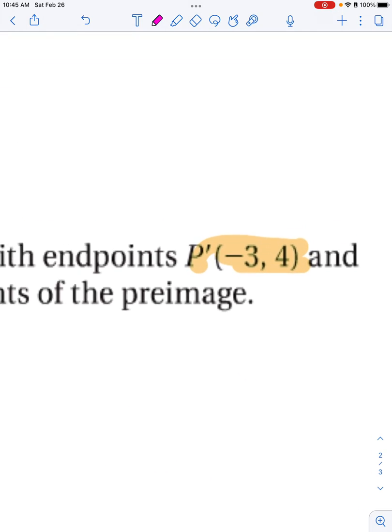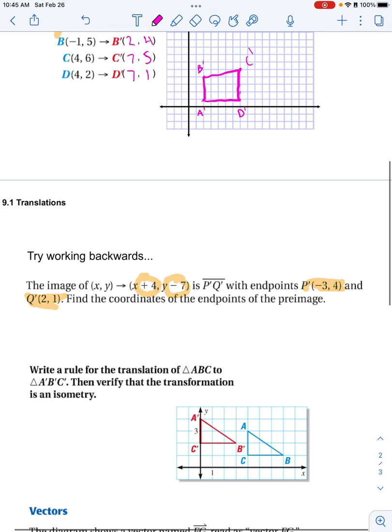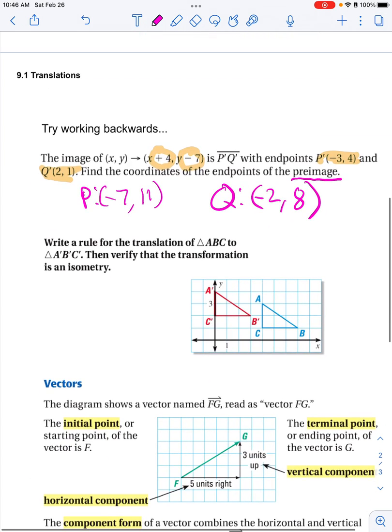The original P is negative 3 minus 4, that's negative 7, and 4 plus 7 is 11. The original Q is 2 minus 4, which is negative 2, and 1 plus 7 is 8. That would be my preimage.